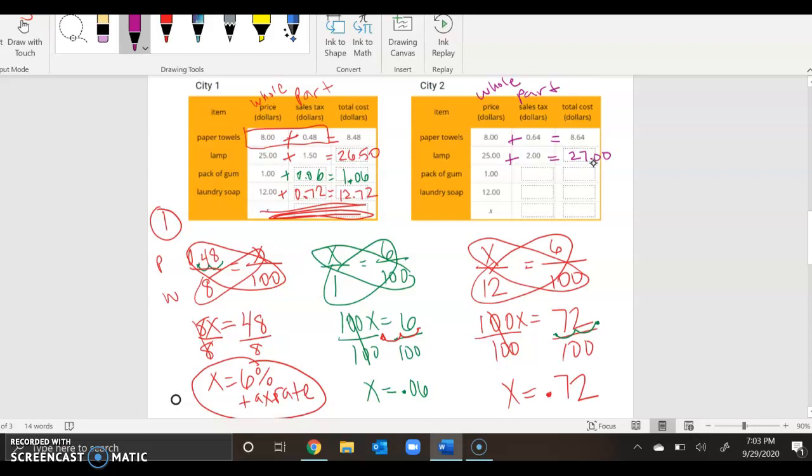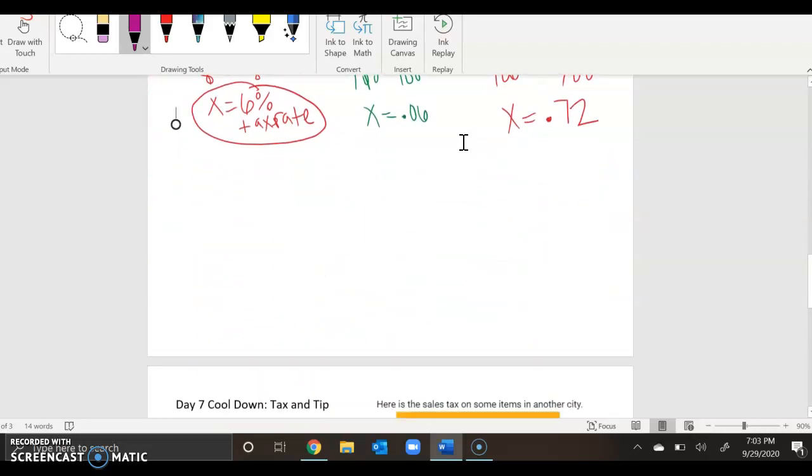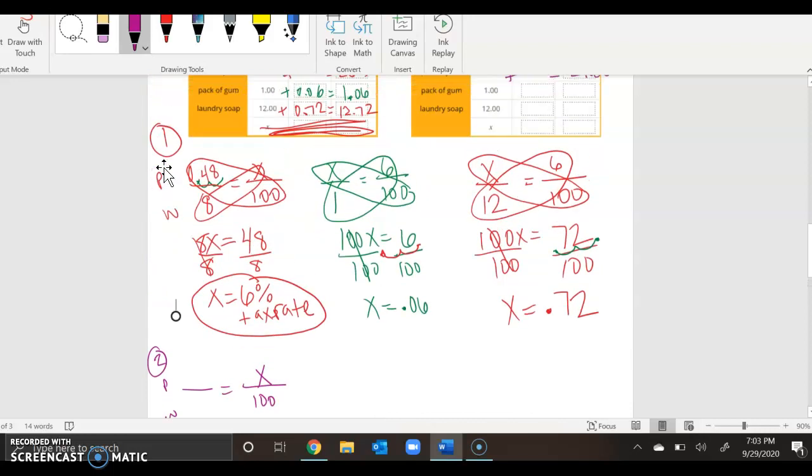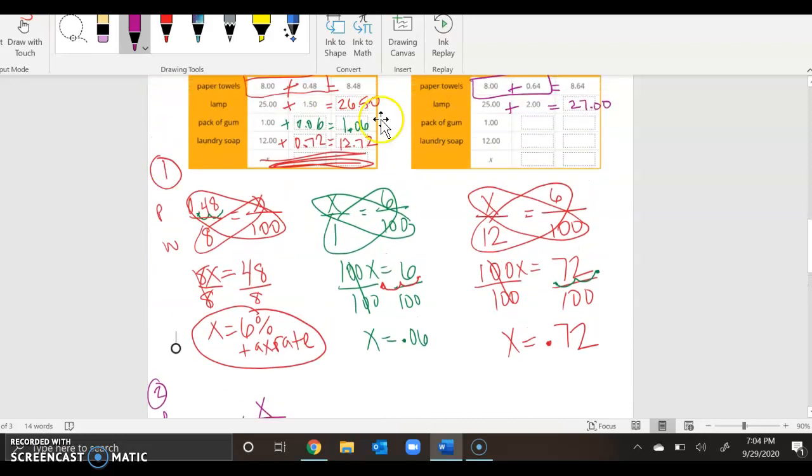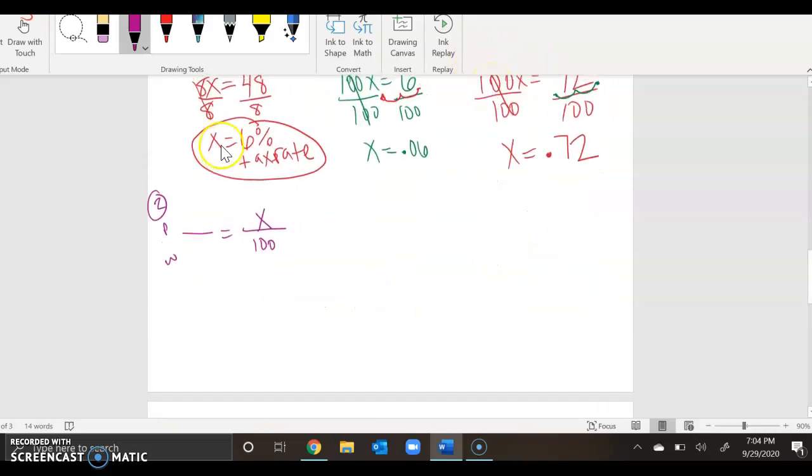So now we need to do the same thing that we did for city 1, and we need to figure out what our tax rate is going to be. So we're going to use our paper towels because that was already given for us and figure out what our sales tax rate will be. So this is going to be city 2. We do not know the percent yet. That's what we are trying to figure out. So our part is going to be the 64 cents, and our whole will be the $8.